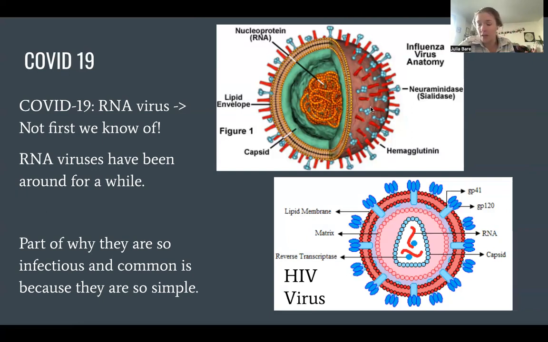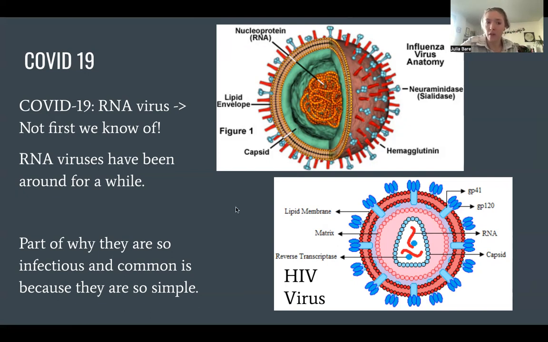So if you've gotten a flu vaccine every year, you are defending yourself against a rapidly evolving influenza virus. And HIV is also an RNA virus, and they have very similar structures that are slightly different from COVID-19, but that basic phospholipid layer, protein, and RNA is all the same with all these different viruses.